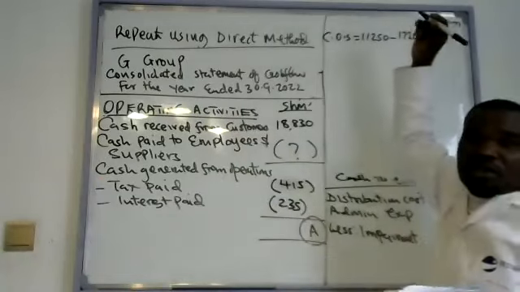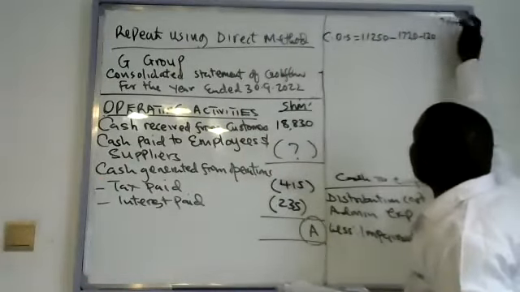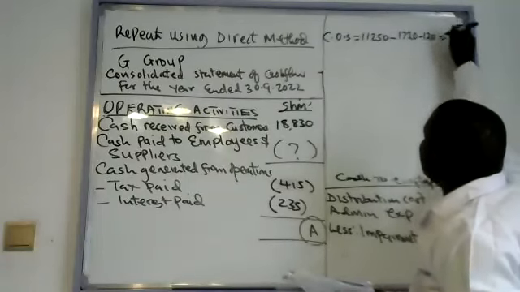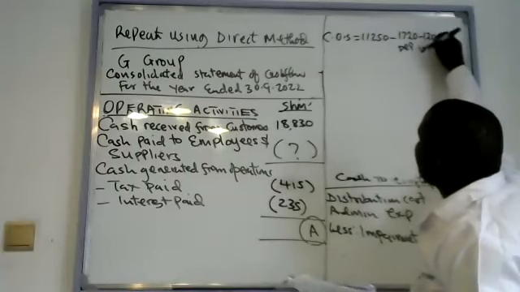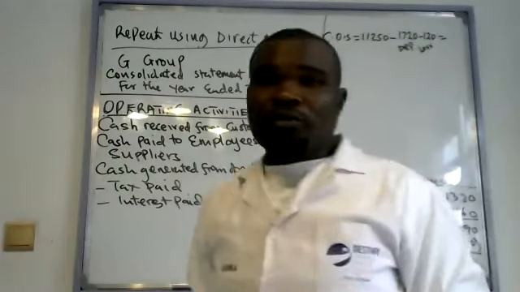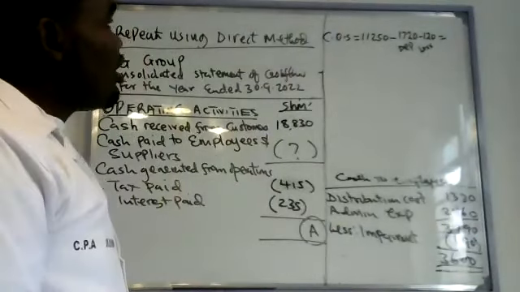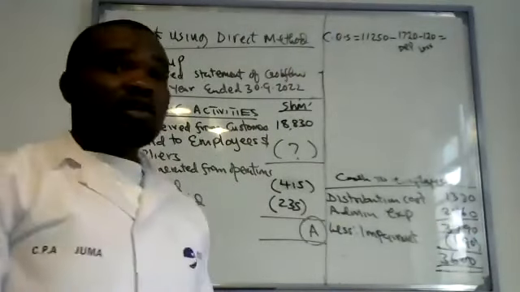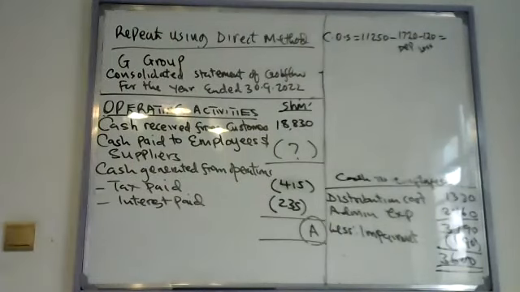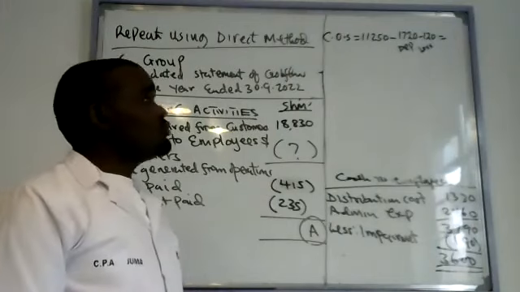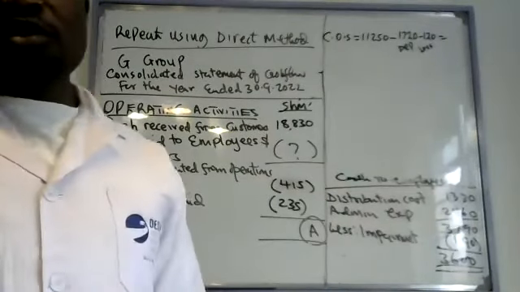Then loss was 120. This is depreciation, this is loss. You need to subtract them. They are not part of cash paid. If you have confirmed that is okay, then tell me how much is the correct cost of sales. How much should it be? The correct figure. How much is it?